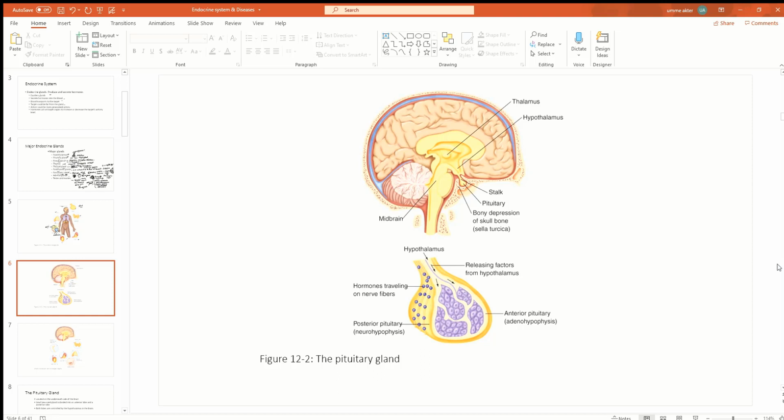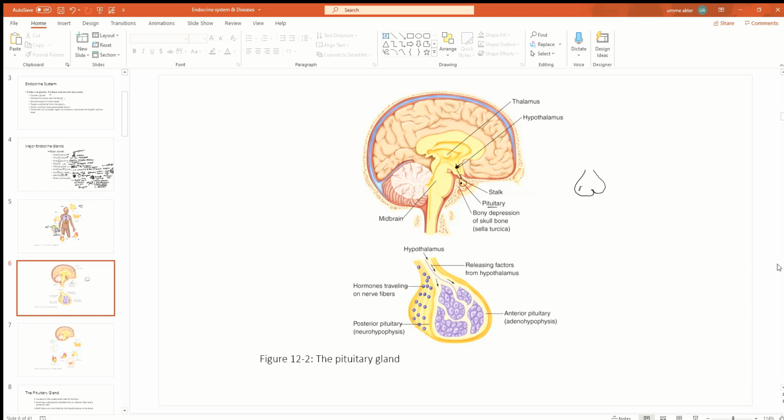Now I told you that the hypothalamus controls the pituitary, and the hypothalamus is the boss of the pituitary, sitting just above the pituitary. So you see here, the pituitary is this one and the hypothalamus is here. So the hypothalamus sends a signal to the pituitary and tells the pituitary to secrete the hormones. Now the pituitary has two lobes. You remember I said anterior and posterior parts.